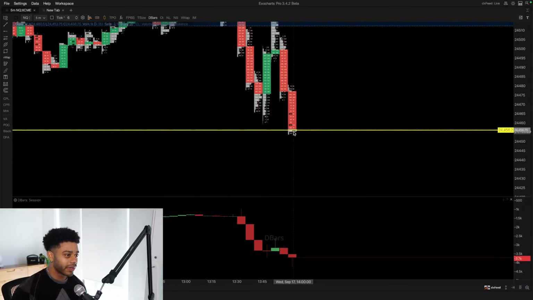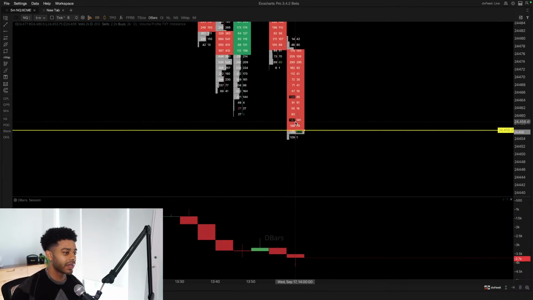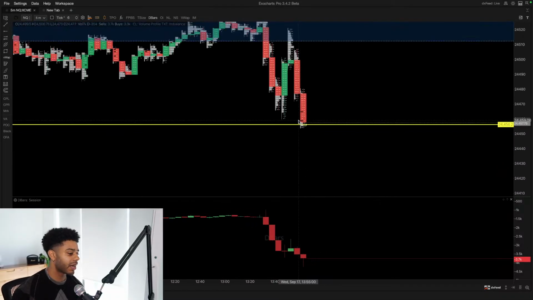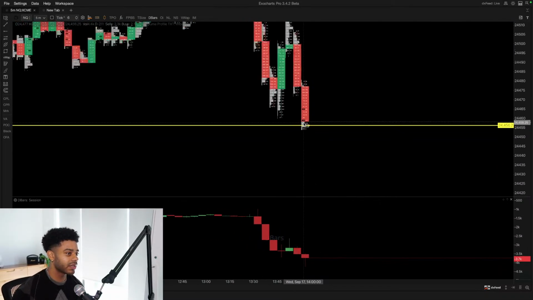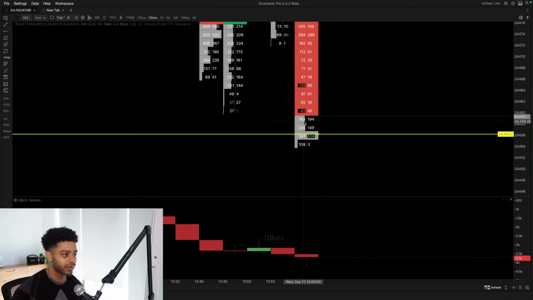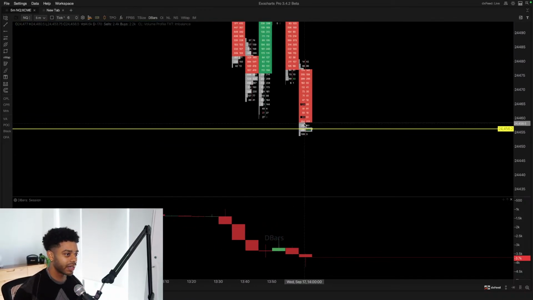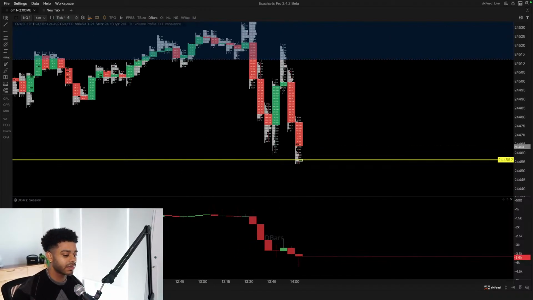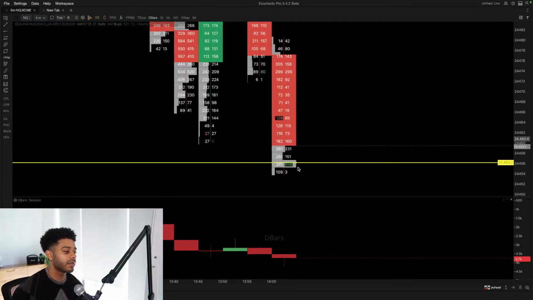There was a group of orders sitting right here at these lows, whether that was a group of stop loss orders too. Might have to look a little bit closer at the open interest to see if that was opened or closed orders, but you can see that bid getting aggressive right there. Got some fat orders on the offer right there.